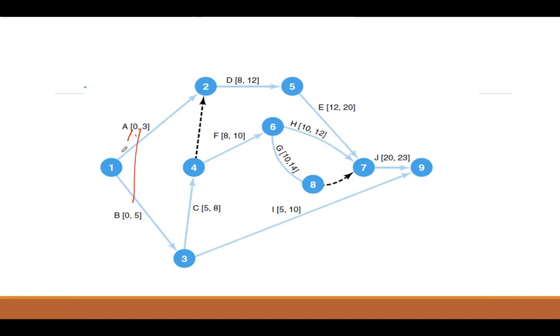So there are certain activities which will only start when predecessor activities are completed. C's predecessor activity is B, so it can only start after that.